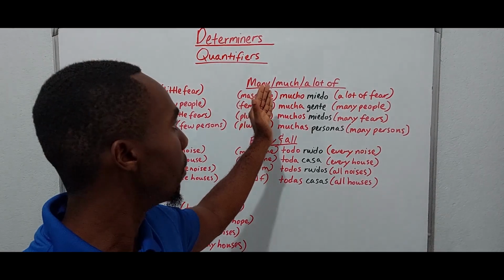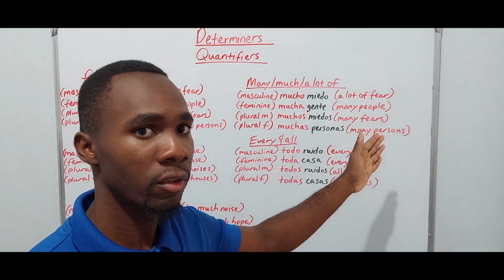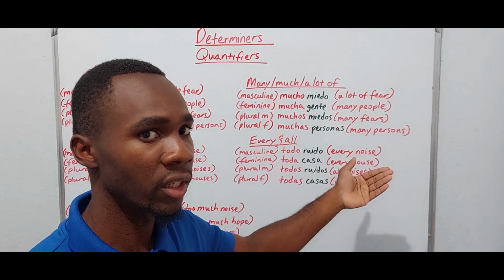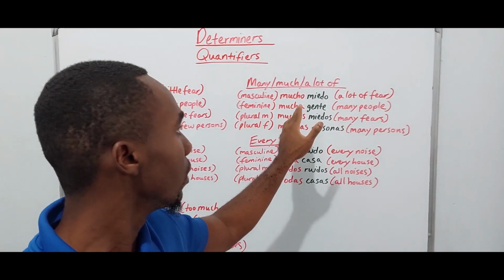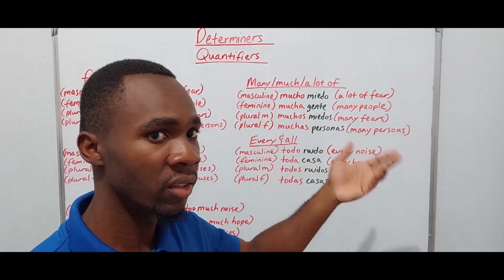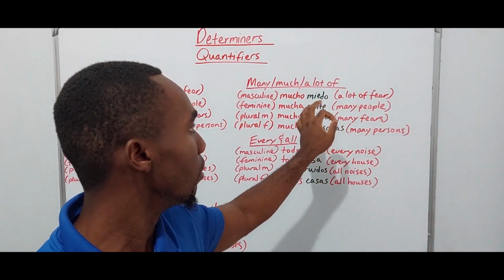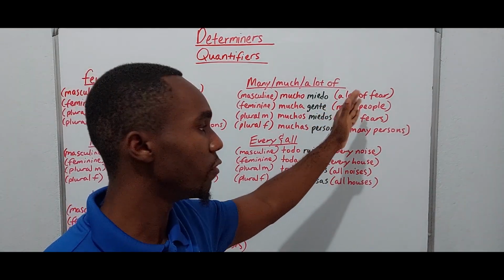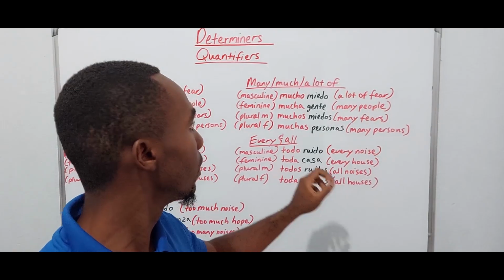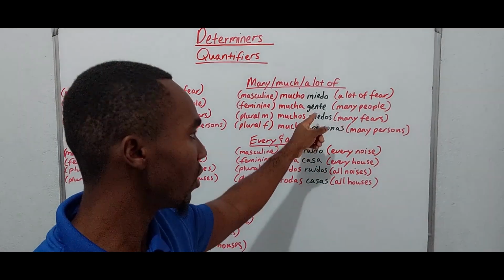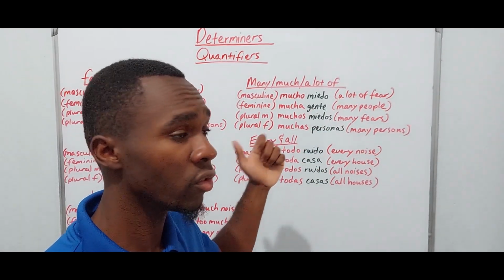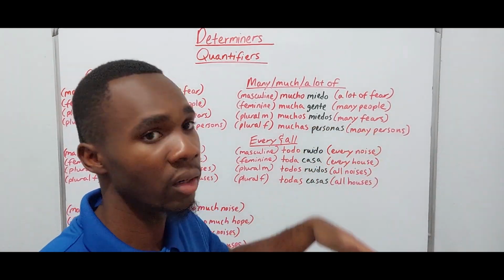Okay, so let's move over to this side. We have many, much, and a lot of. That's another quantifier in Spanish. Mucho would be the singular masculine equivalent. Mucho miedo, a lot of fear. Mucha gente, just like you know, gente is singular, so that would be many people or a lot of people.